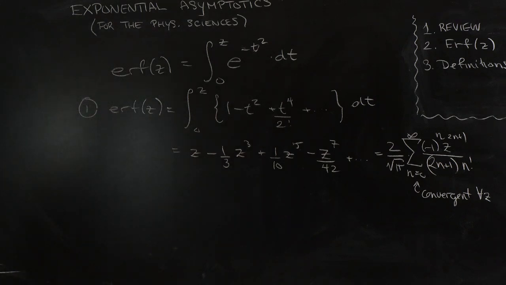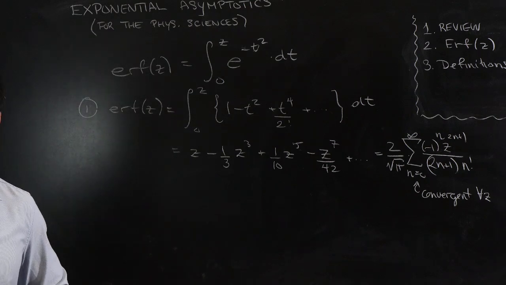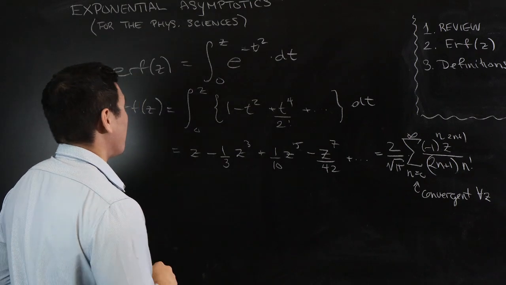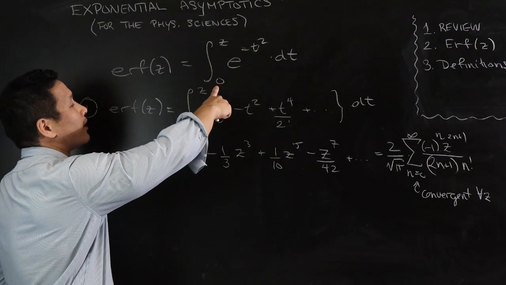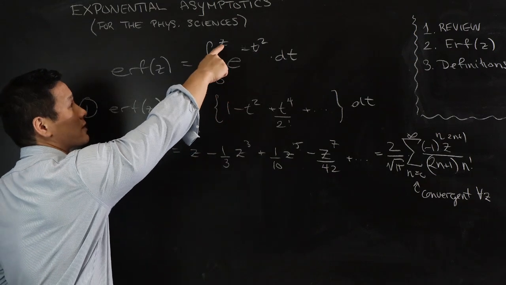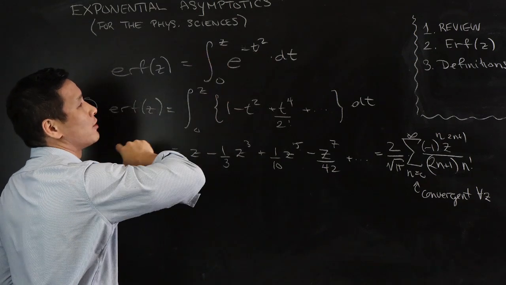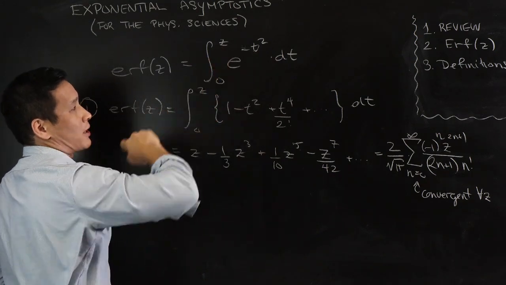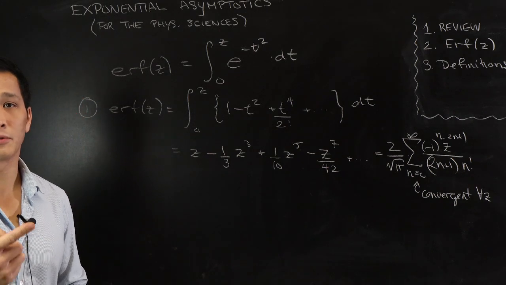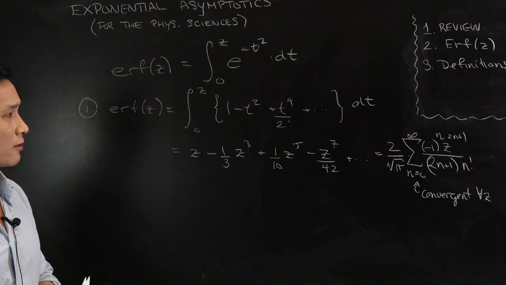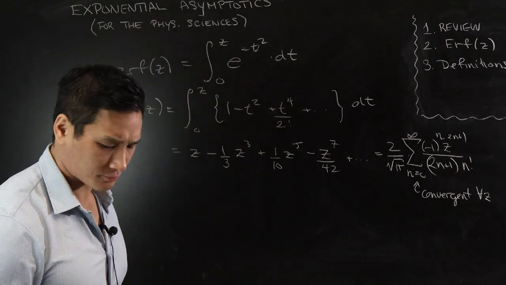But what we want to try now is a different representation of this integral. In particular, we want to study the limit where z is large, where we know that the Gaussian e to the minus t squared integrated from 0 to infinity has a well-defined value of root pi over 2.